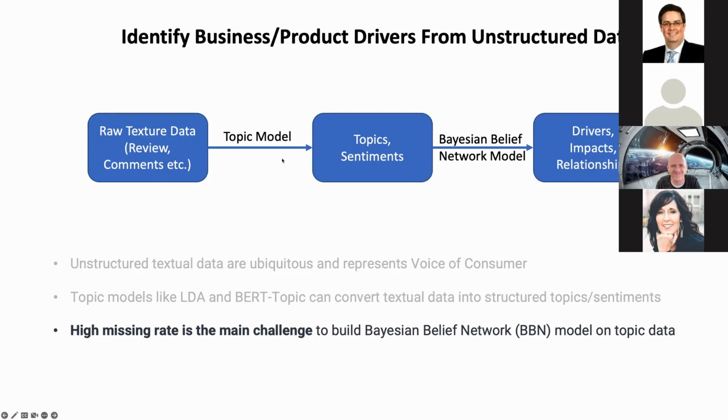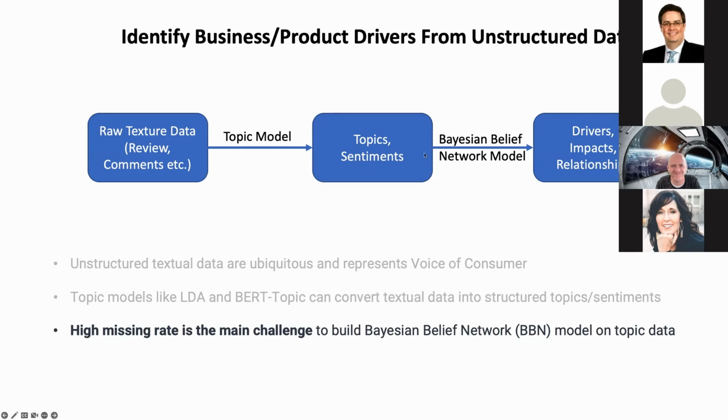The typical way is to use a topic model like latent Dirichlet allocation if you are in a Bayesian framework, or some popular deep learning model like BERTopic, which can convert each consumer review into structured topics or sentiment. Essentially it tells you whether you have topic A, topic B, or all other topics, and also gives you the sentiments, right? So traditionally, that's what people do in text analytics.